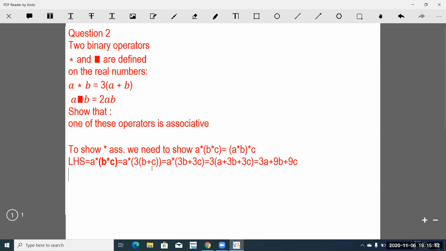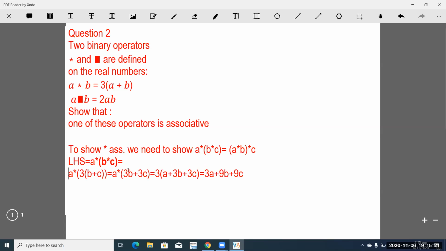And so now that result, we're going to find A star the result in here, because what we're saying now is, let me push it down a little bit. What we're saying then is this. A star, B star C is A star, 3 times B plus C, right?